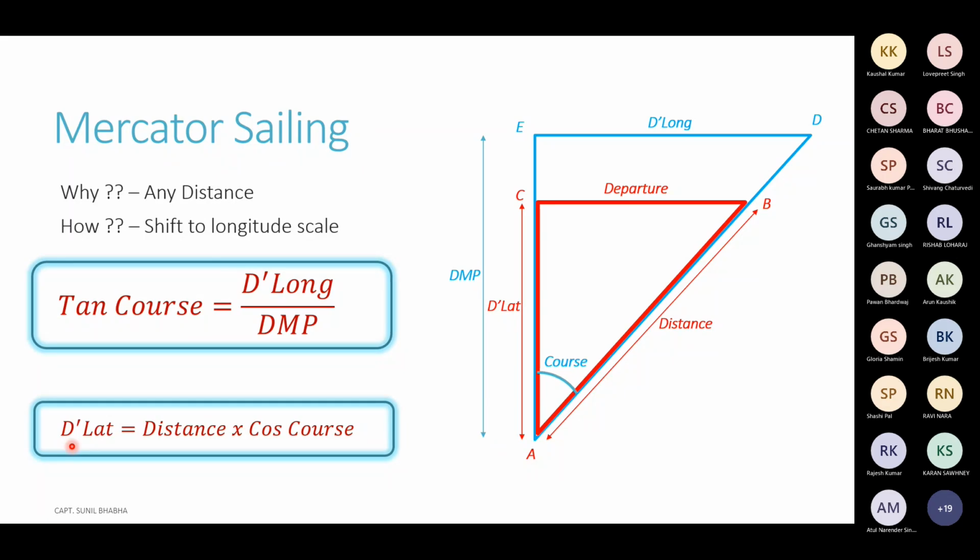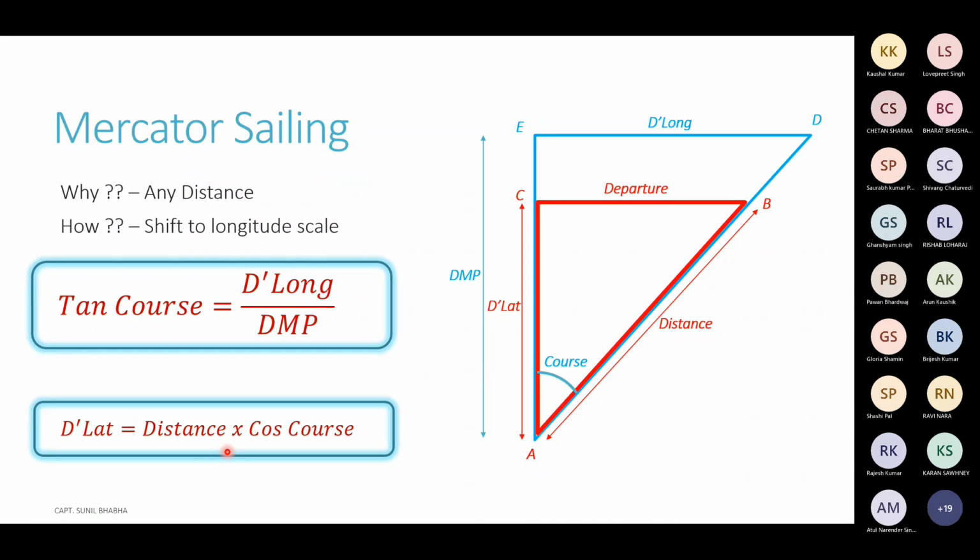What is present on our chart is either the d lat or the d long. So principally, we do not use the departure formula for calculating the distance. Mathematically, that's correct. It will give you correct answers, but fundamentally, always use the d lat formula for calculating the distance using Mercator sailing.